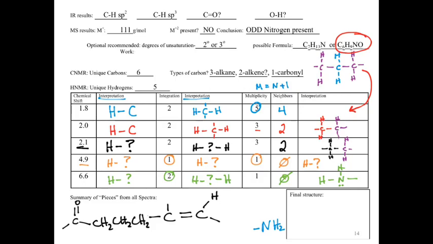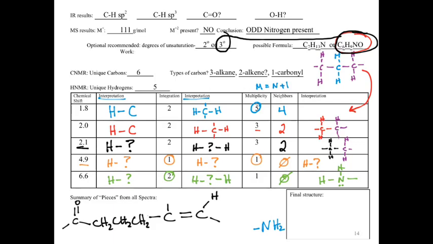So before I get too frustrated, I want to again go back to my data. And in my data, we'll notice that we did calculate a molecular formula, but we also looked at the degrees of unsaturation.